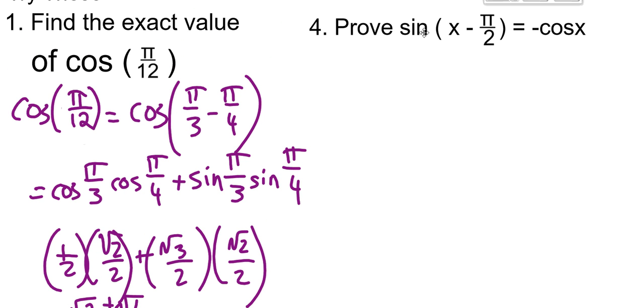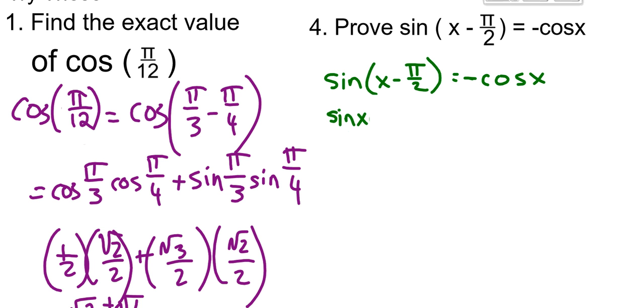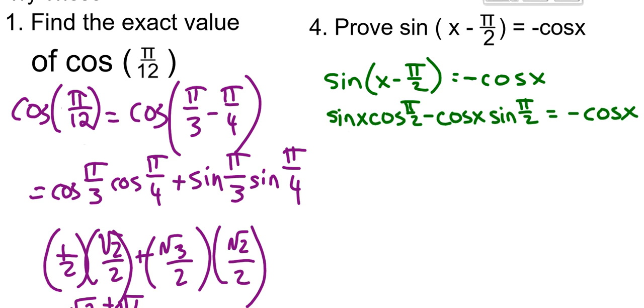Sine of (x minus pi over 2) equals negative cosine x. So we're going to use our formula. Sine of a difference is sine cosine minus cosine sine. So that means it's going to be sine of x times cosine pi over 2 minus cosine x, sine of pi over 2, and we want that to be equal to negative cosine x.